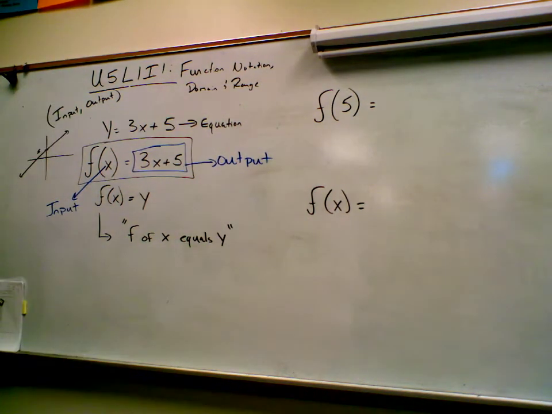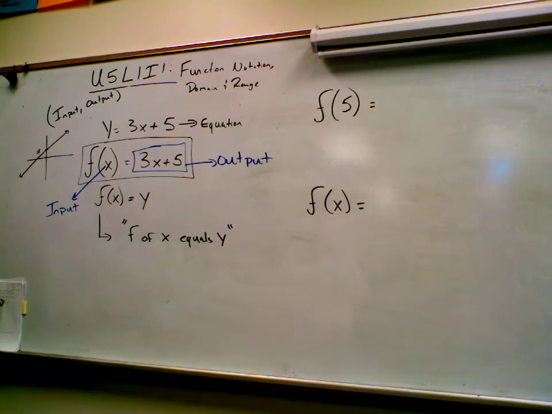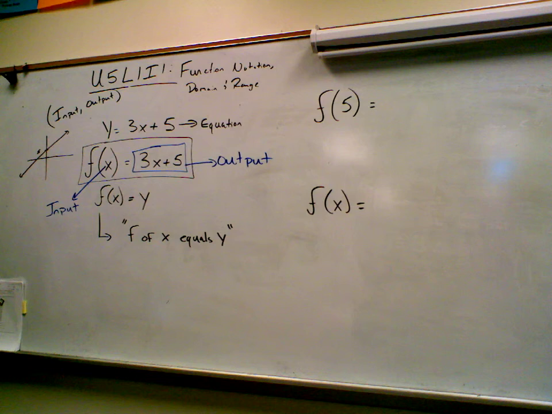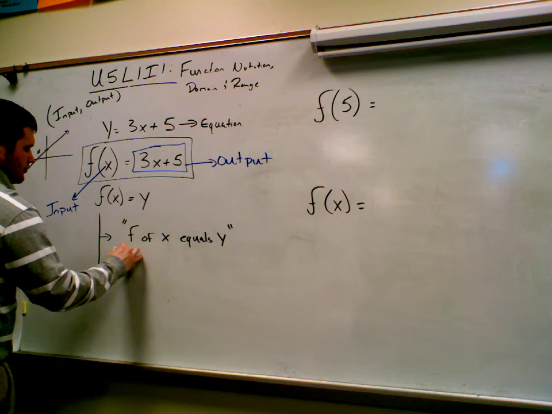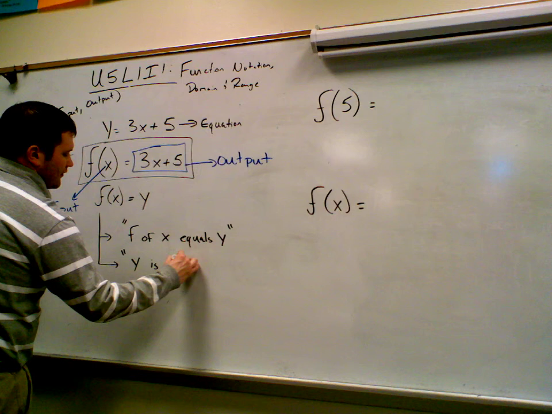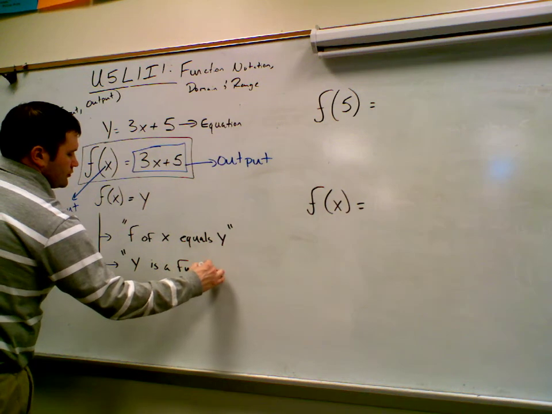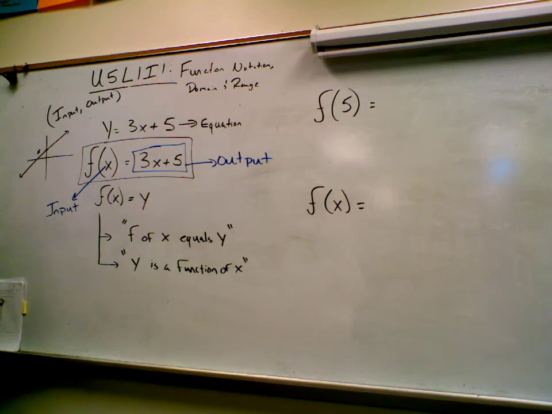That's one way to say it. Another way to say it is, y is a function of x. So that's another way we can say it. So f of x equals y, or y is a function of x.